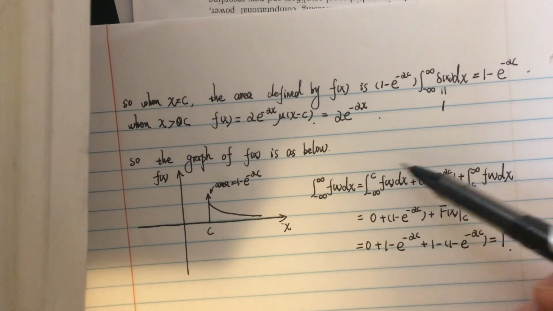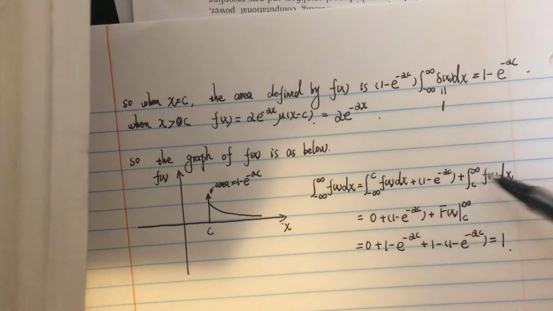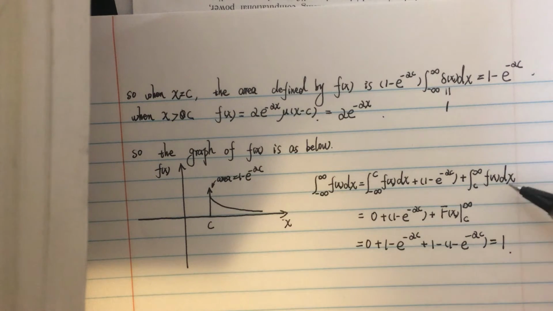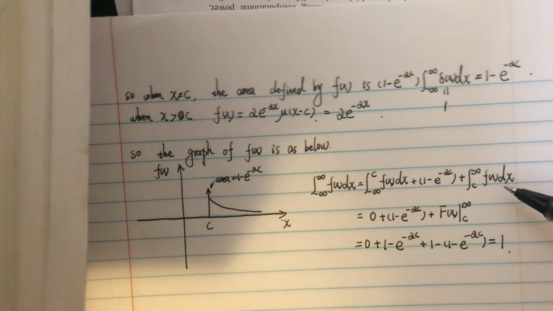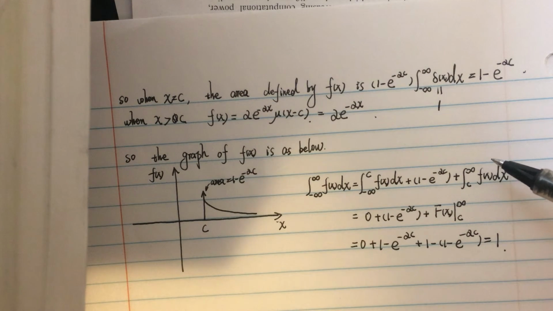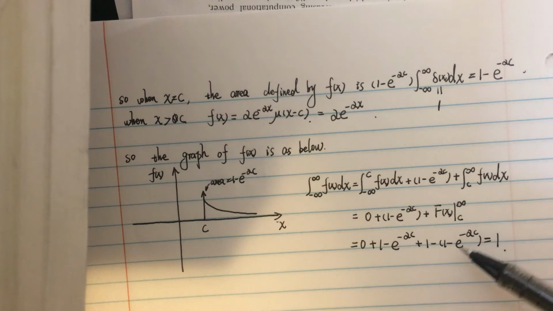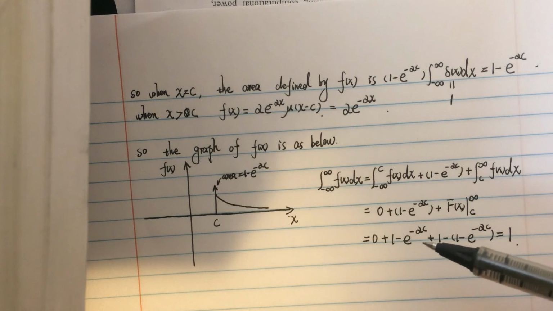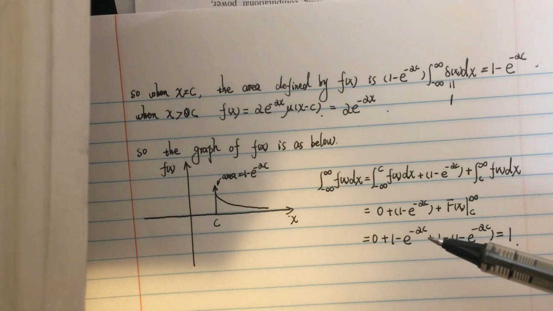The first part is from minus infinity to c, the second part is the area defined at c, and the last part is the integration from c to infinity. After calculation we get the result 1. So we can conclude that f(x) is a probability density function.